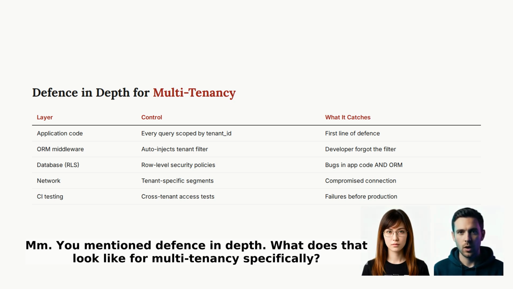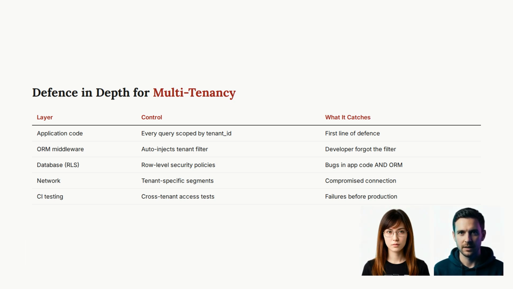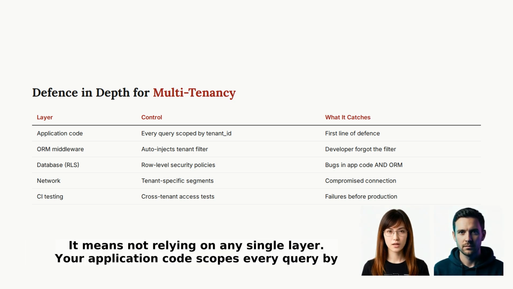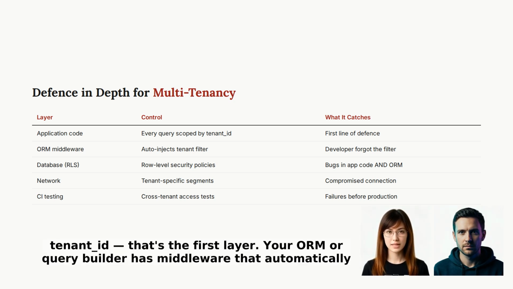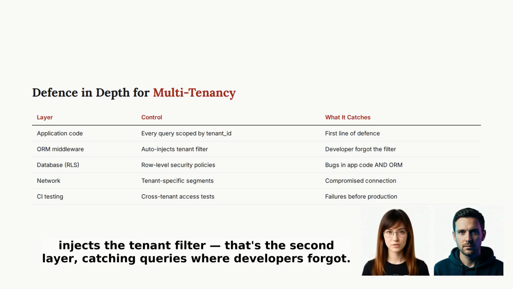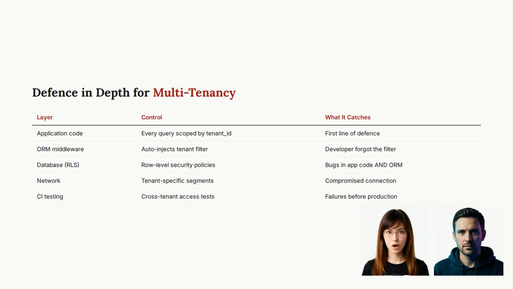What does that look like for multi-tenancy specifically? It means not relying on any single layer. Your application code scopes every query by tenant ID. That's the first layer. Your ORM or query builder has middleware that automatically injects the tenant filter. That's the second layer, catching queries where developers forgot.